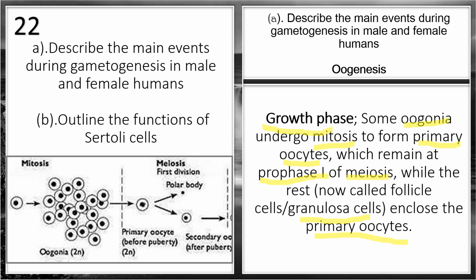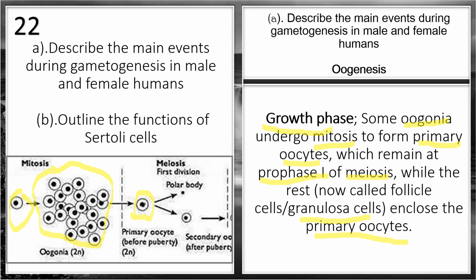So here what we have, we started with one diploid, divided mitotically to form the oogonia, which are still diploid. Some of the oogonia formed what we called the primary oocytes.